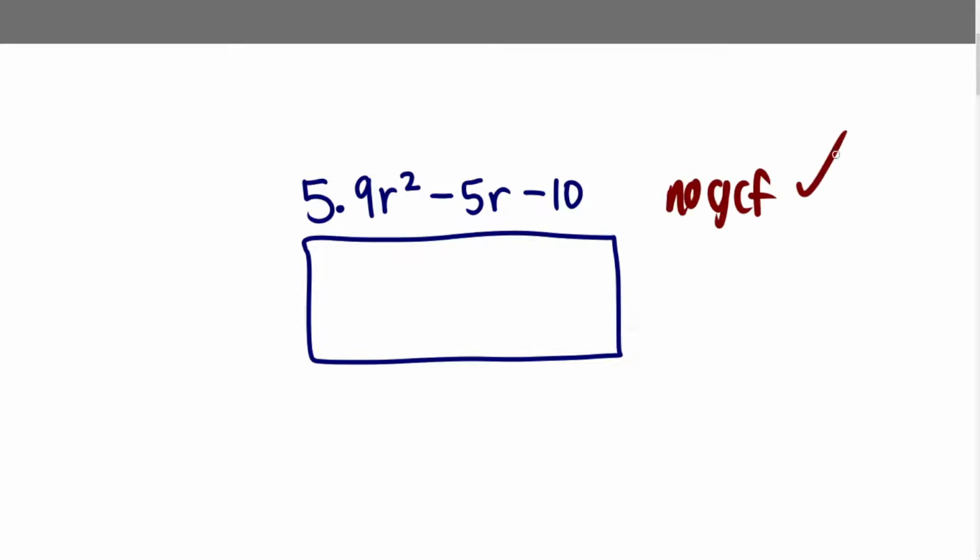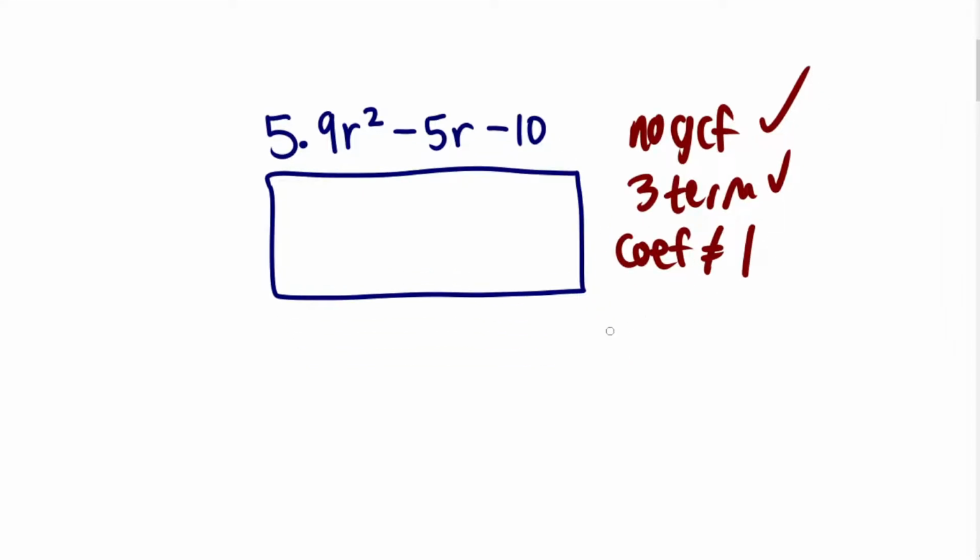We also know it's a 3-term polynomial, and that the coefficient does not equal 1. So we'll have negative 90, and we want to say, what can we multiply to negative 90 that, when we add it together, will give us negative 5? And long story short, there's not going to be anything. Just to save you the work.